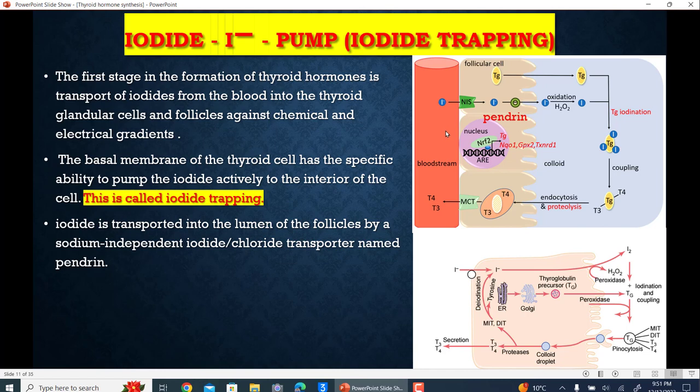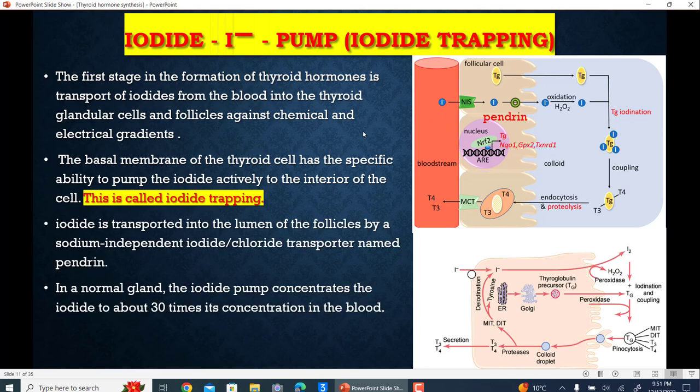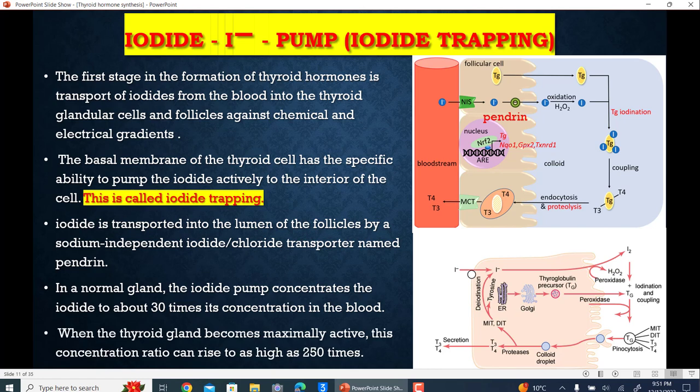Iodide is transported into the lumen of the follicle by a sodium-independent iodide-chloride transporter named pendrin. Here at the apical side of the thyroid cell, another transporter protein is present, called pendrin, which transports iodide into the lumen.